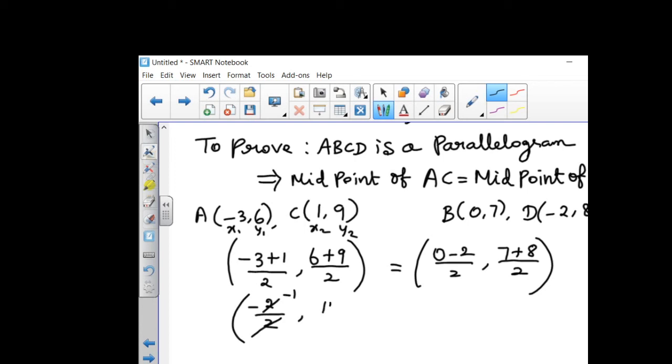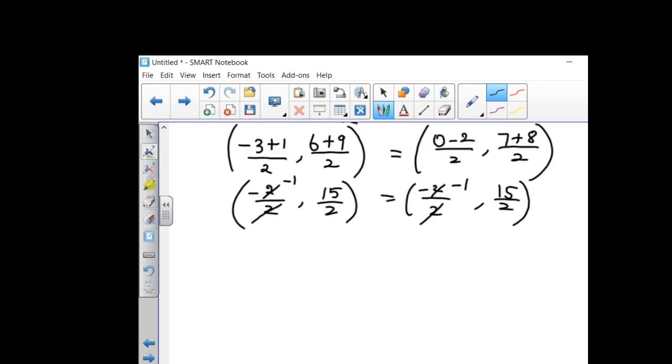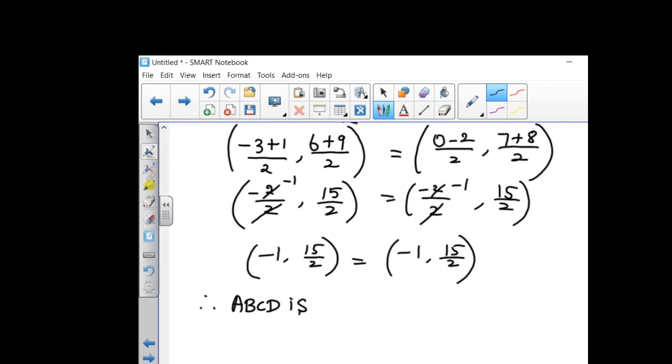Then here 15 by 2. Here also minus 2 by 2 gives minus 1, and you will get 15 by 2. So both sides you will get minus 1 comma 15 by 2. Therefore both sides are equal, so ABCD is a parallelogram.